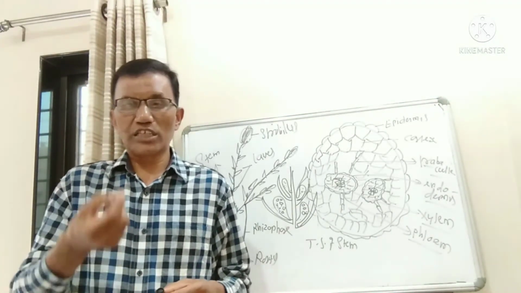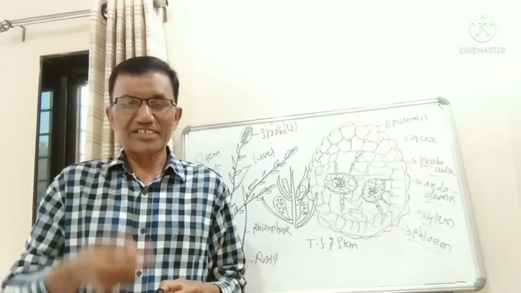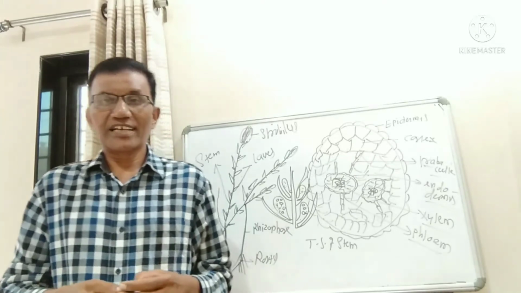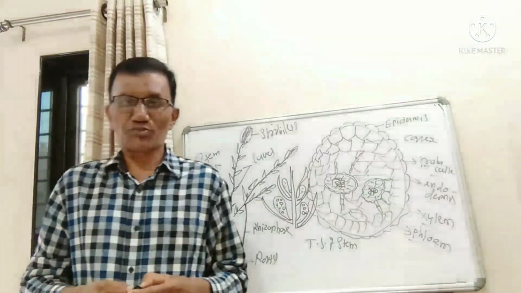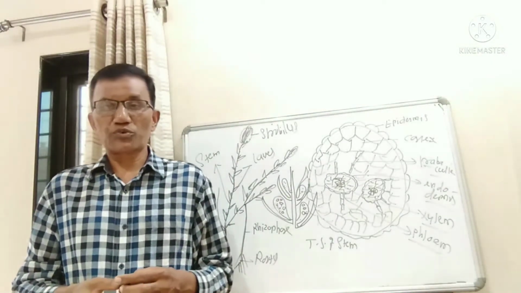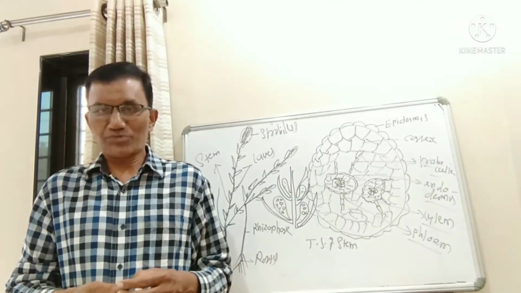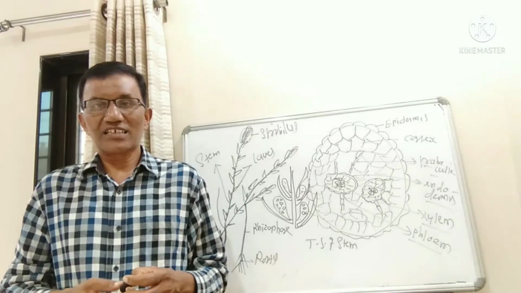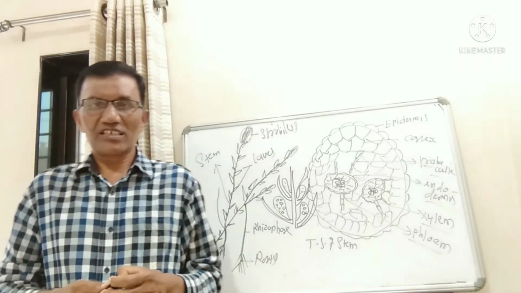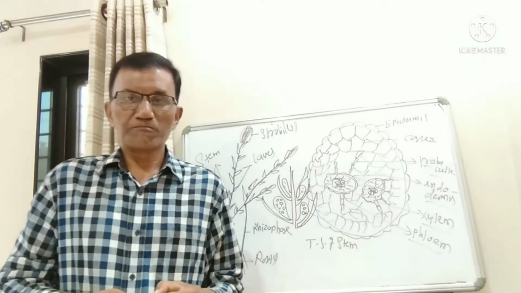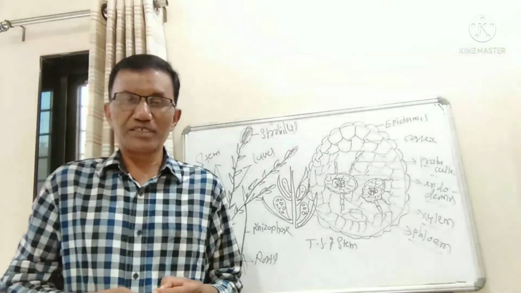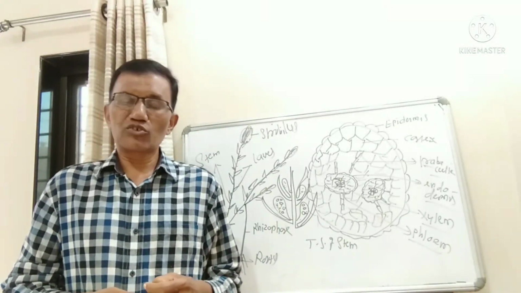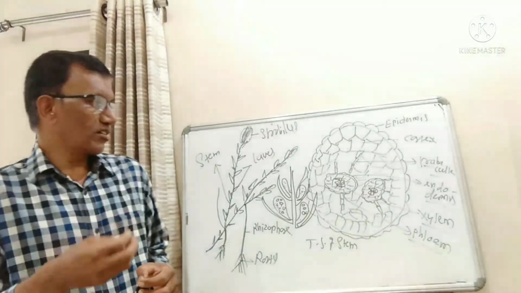There will be questions on ligule, trabeculae, air chambers, protostele, heterospory, megaspores, microspores, megasporangium and microsporangia. If the question paper is objective type, you have to write down all these things.